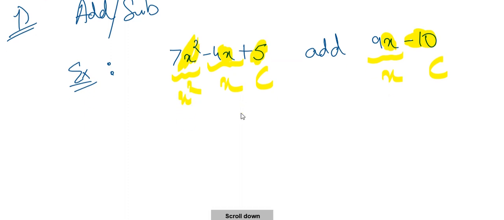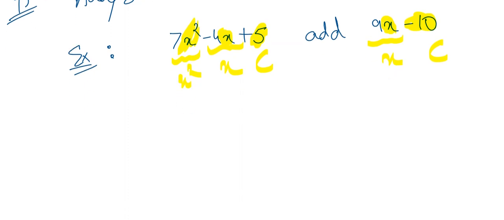So what you would be doing is a basic algorithm you should be remembering. You would write separately using a little bit of space in between, and below which you would place the like term. Like term means if I have a 4x term, I would place a term similar to it. So I would have 9x here.